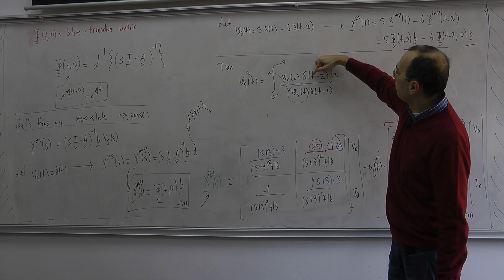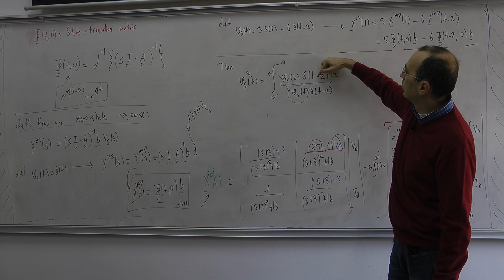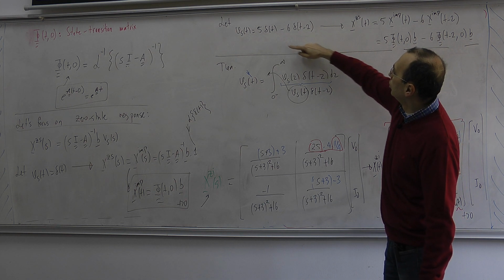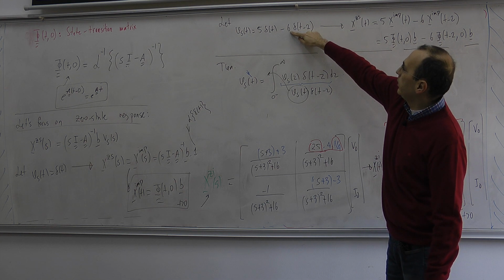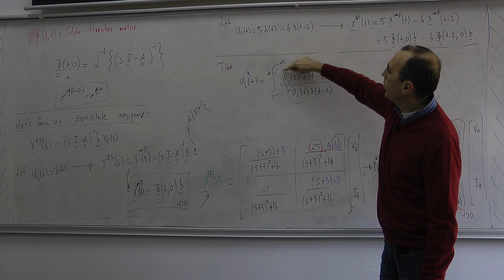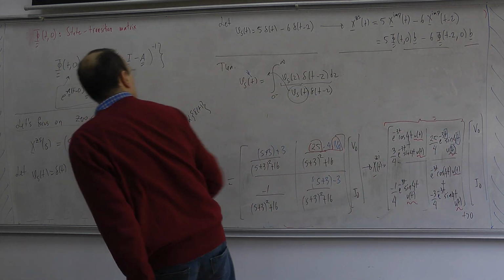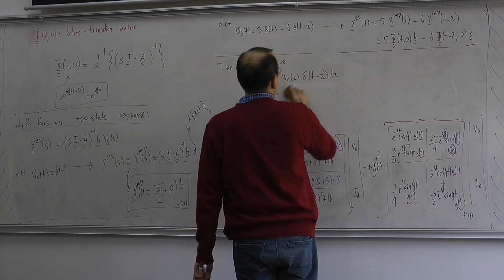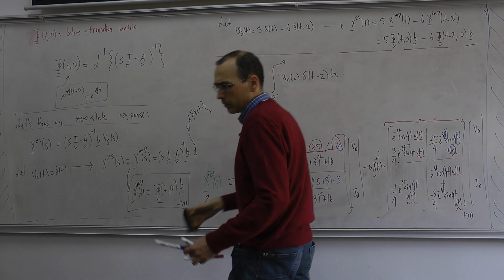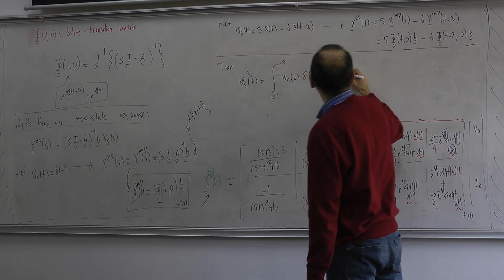Now you see that this impulse is located at t equal to 2, weight is 6. If this impulse is located at t, its weight is this number, that is it. Well, let me erase this. So this is Vs of t.